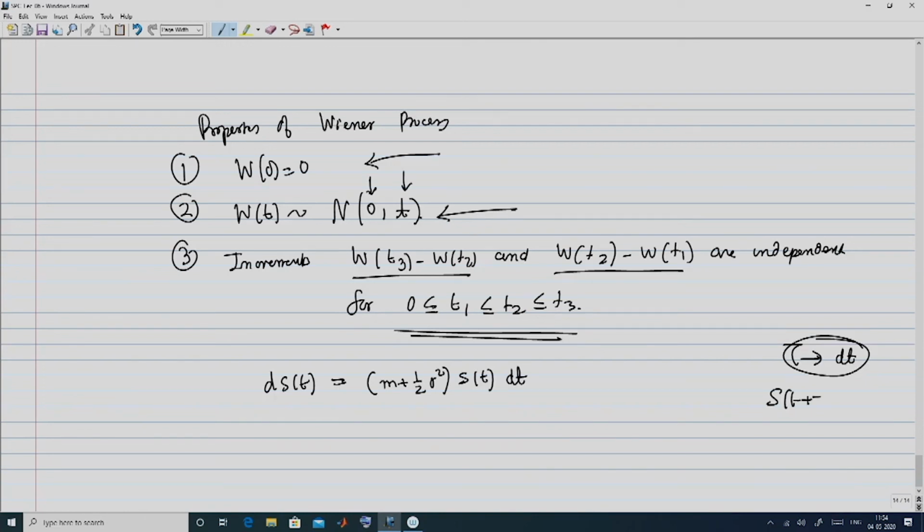Then S(t plus tau) minus S(t) will become dS(t), and W(t plus tau) minus W(t) becomes dW(t), because of the central limit theorem that I have just mentioned.